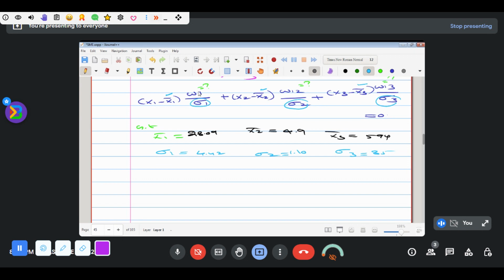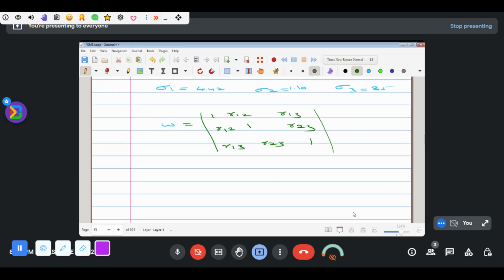Next, we form omega. Just write the omega formula, a very easy way. Omega equal to the matrix with rows 1, R12, R13; R12, 1, R23; R13, R23, 1. Apply and simplify.